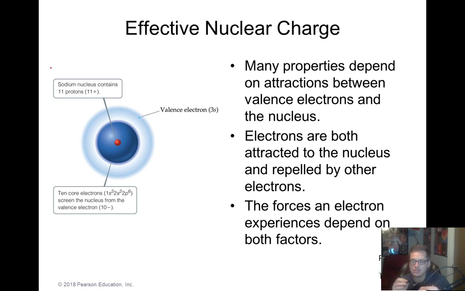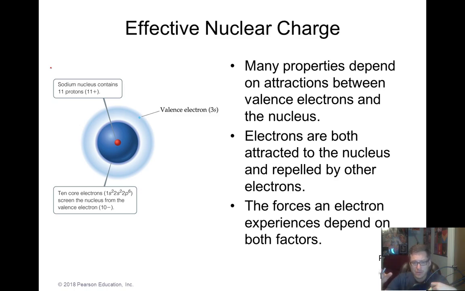With effective nuclear charge, we're thinking about how the protons within the nucleus affect the valence electrons. Remember, valence electrons are the outermost shell of electrons. The nucleus pulls these electrons toward itself, because the protons are positively charged and the electrons are negatively charged, and opposites attract. But at the same time, there might be core electrons.